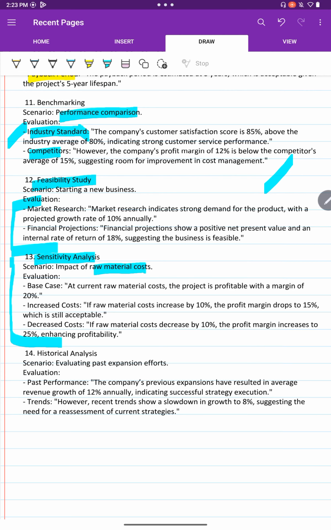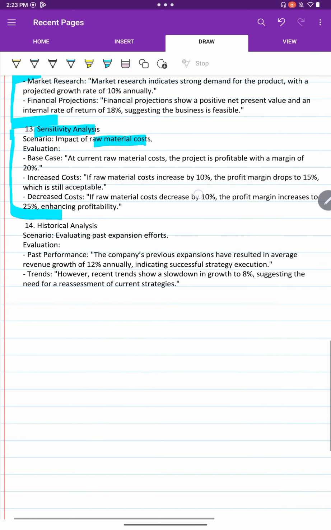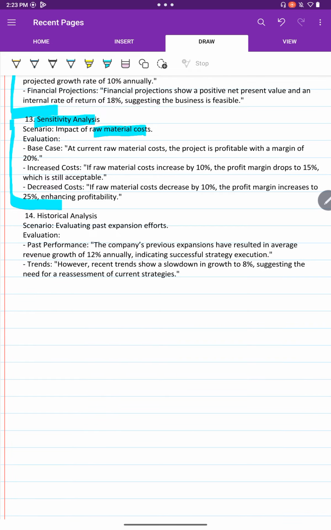And also we can do the evaluation on historical analysis. It means that if we have any information related to our history, our past experiences, we can do the evaluation on the past performances, whether this is related to monetary terms.